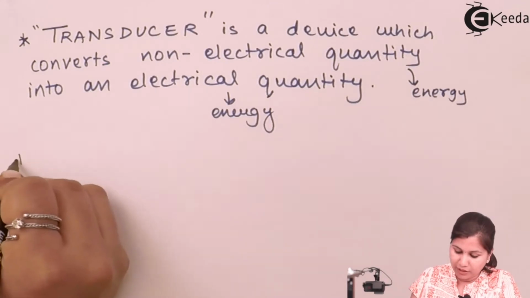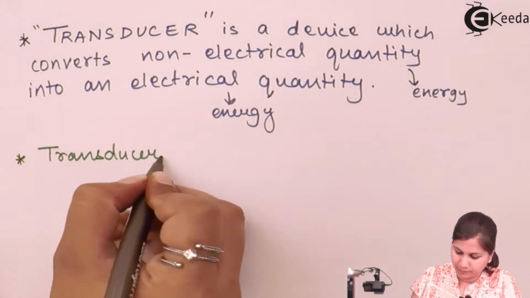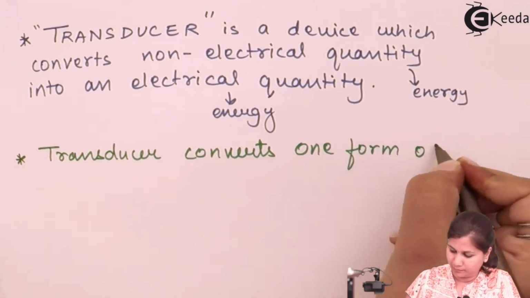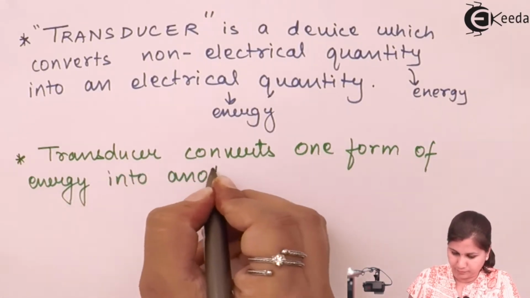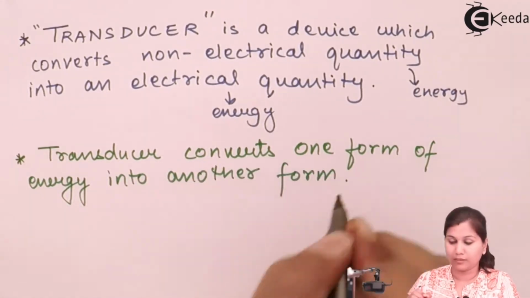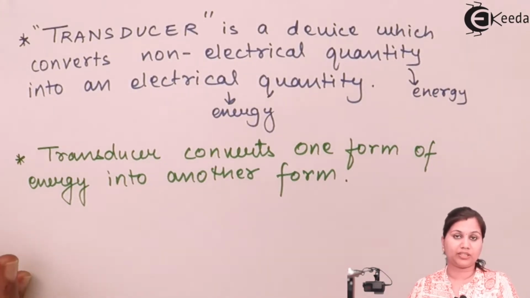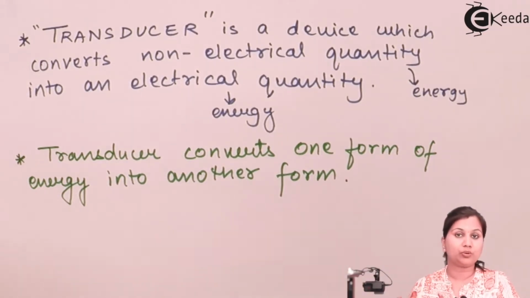So another definition for transducer is: due to these properties of the transducer, that it is converting a non-electrical quantity into an electrical quantity and one form of energy into another form, that is why they are widely used in the measurement system.